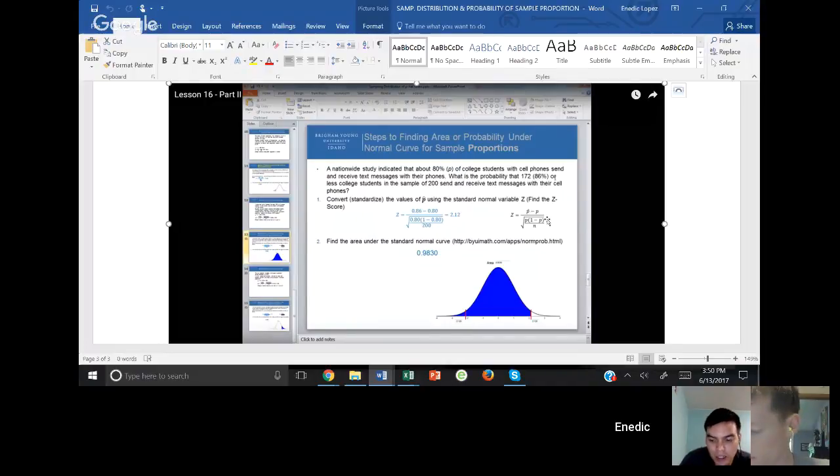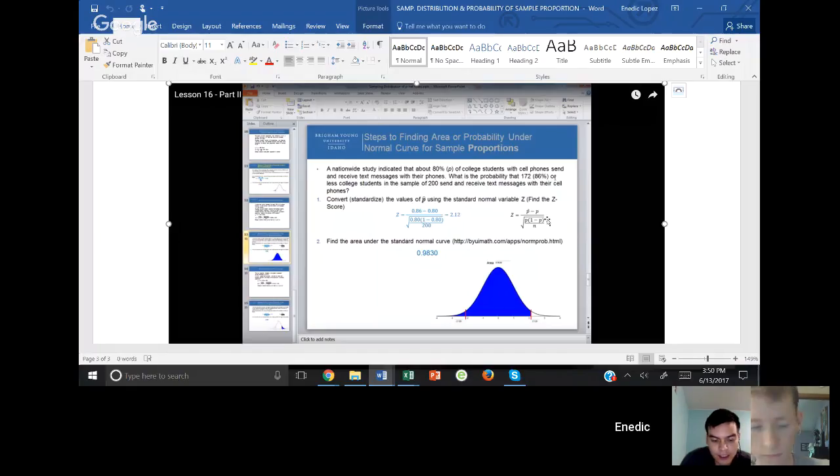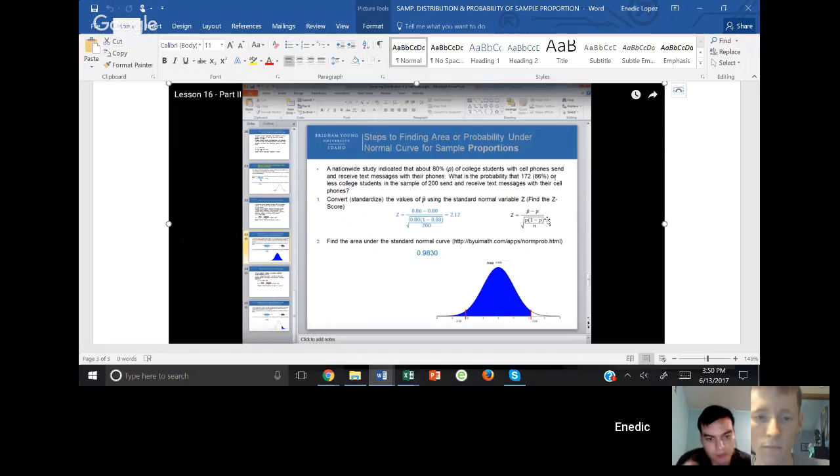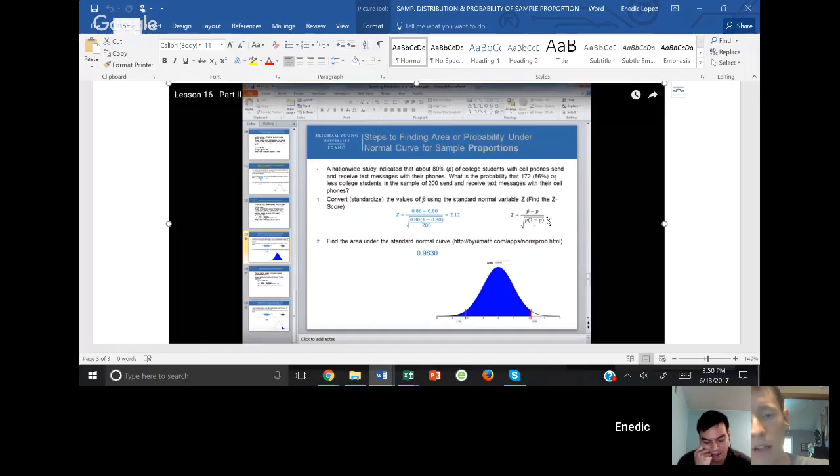As of right now, using the unrounded number, it is 1.091. With the rounded number, it gives you 1.087.